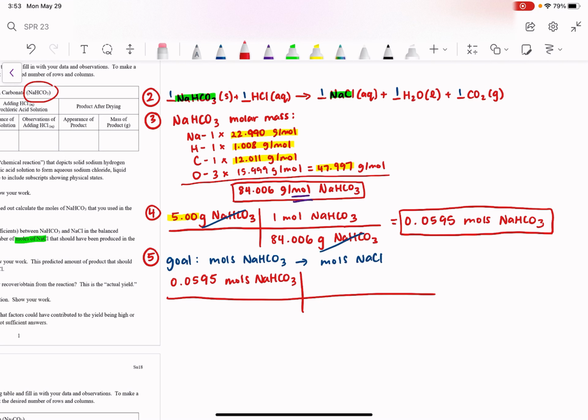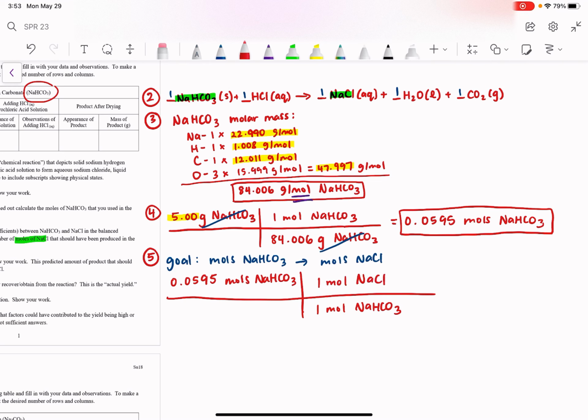So how am I going to do that? Because I have a balanced chemical equation up here, I actually know what ratio those moles react in. It looks like 1 mole of NaHCO3 produces 1 mole of NaCl.